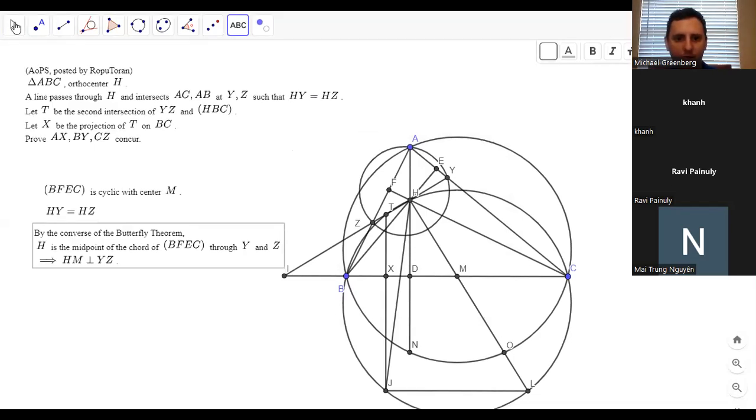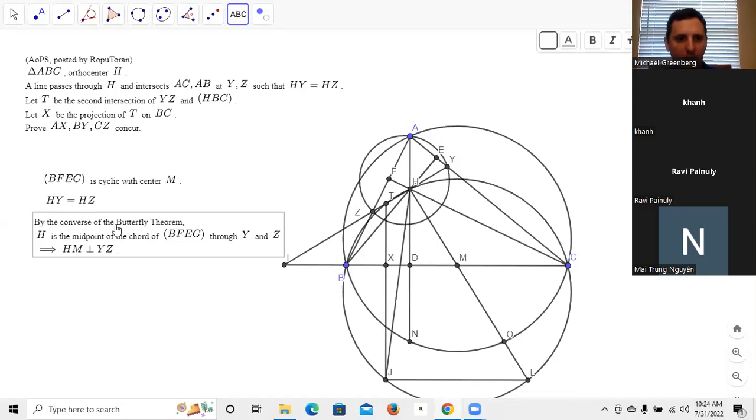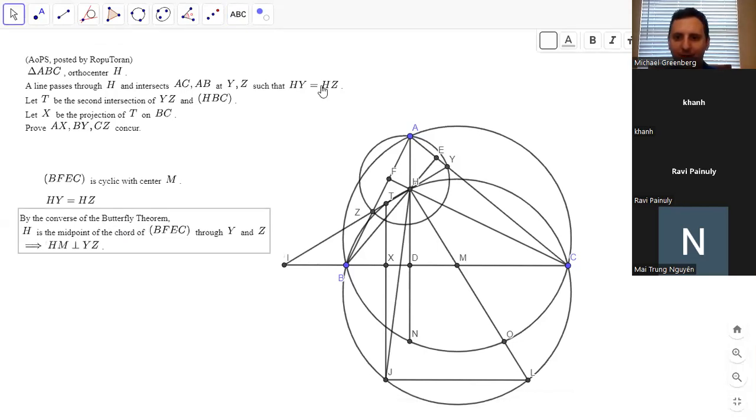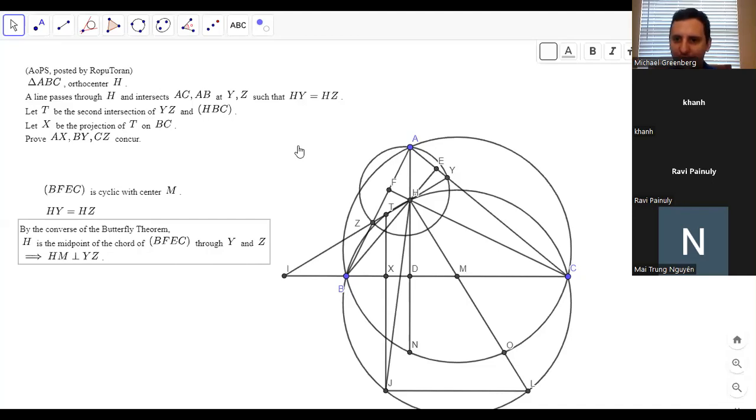Oh, there's a faster one. Since THMX is cyclic, they're both equal to IT times IH. So IX times IM is IB times IC.